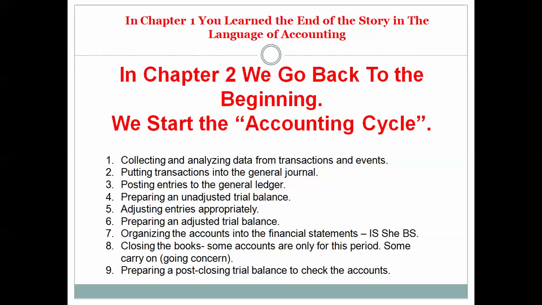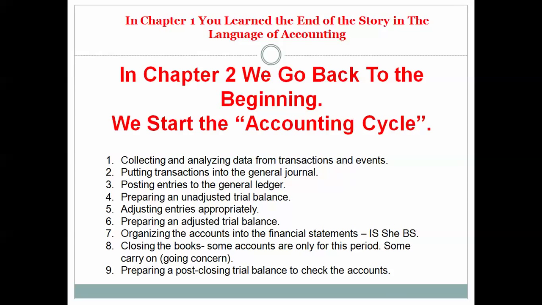We're going to take that data that we analyze and we're going to record it in a general journal. This is like a Dear Diary. Here's what's going on in my business. Then we're going to take all those Dear Diary stories and we're going to put them in what we call the general ledger.